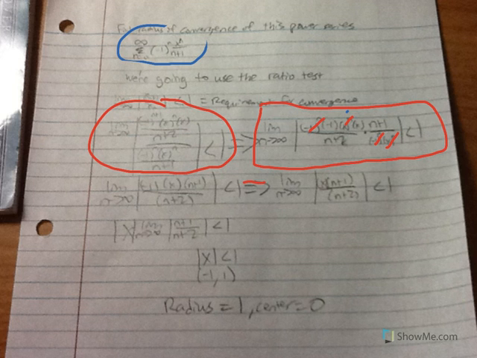So then you see that the negative 1 disappeared because, due to the absolute value sign, the negative sign doesn't matter, and we can take it out.